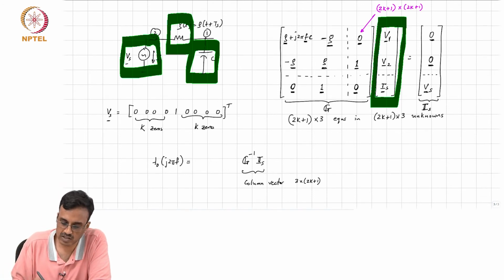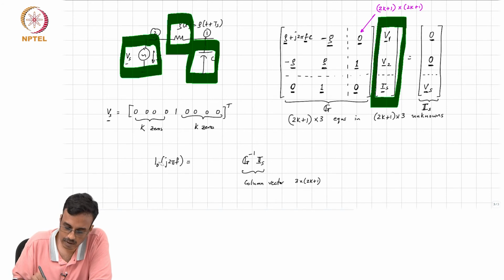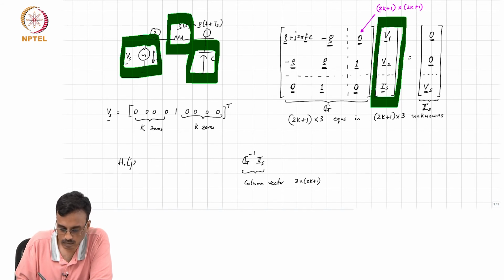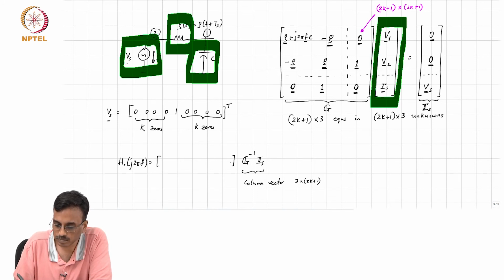So, if you want h0 of j 2 pi f, for instance, it is simply a whole bunch of zeros, a 1 followed by another bunch of zeros.